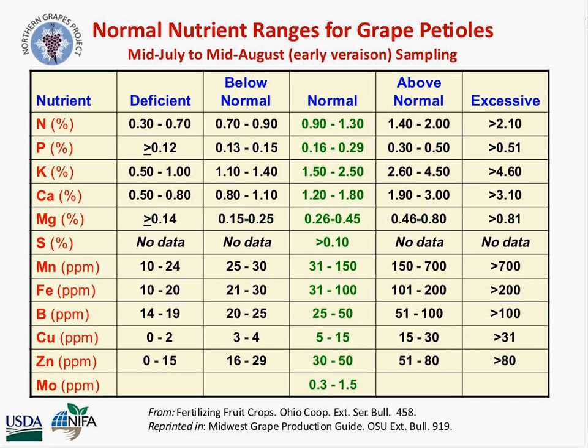If it's in the below normal range, then depending on the nutrient, increase it a little bit or take measures to correct the deficiency. In the above normal range, cut back on the nutrient if you've been applying some, and of course, if it goes into the excessive range, then stop applying.